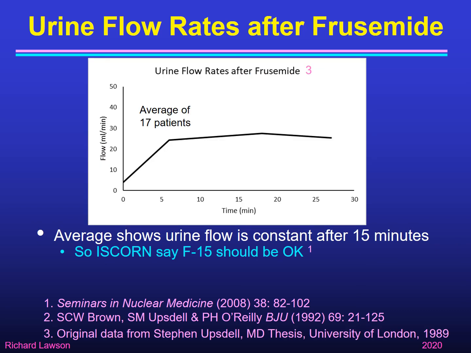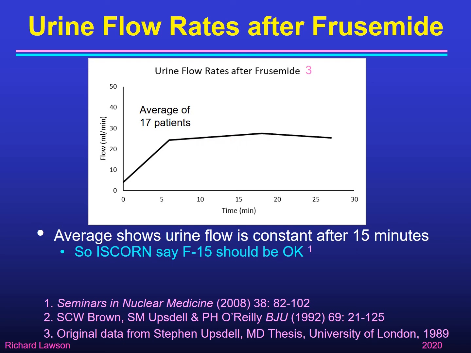So I've looked in his MD thesis, which was published in 1989, that includes some data, 17 patients, which was a subset of the data published by Brown that appeared in the ISCORN report. So here is Steve's analysis of the average of 17 patients, where once again you can see that after the Frusemide the flow rate goes up quite rapidly, and once again it looks like it's constant after about 15 minutes.